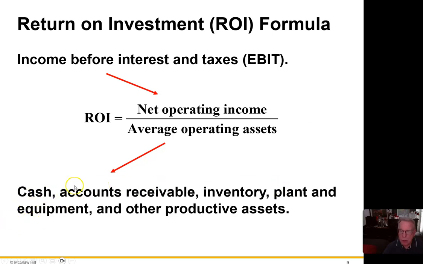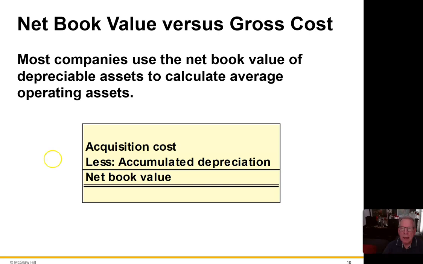Okay, the average operating assets include cash, accounts receivable, inventory, plant and equipment, and other productive assets. Net book value versus gross cost.